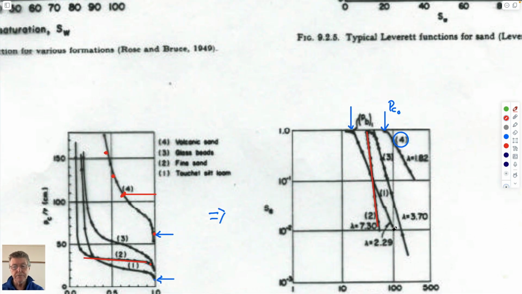I suppose the easiest one for us to do would be, let me do it with green, if I extend the flattest one here, and if I draw this to this, then this is 1 log cycle here, right?